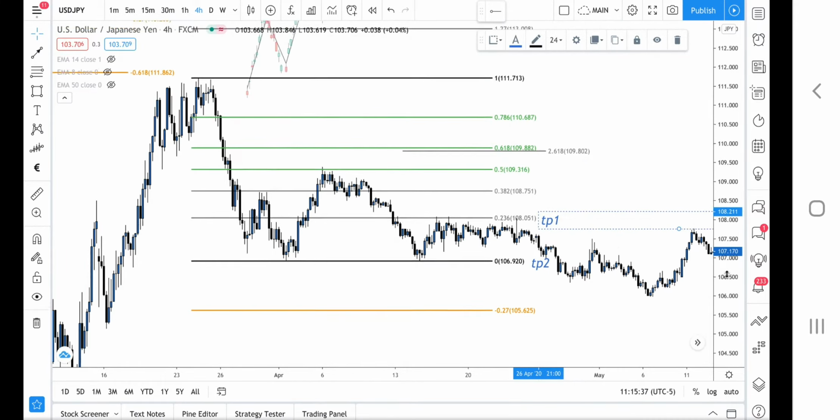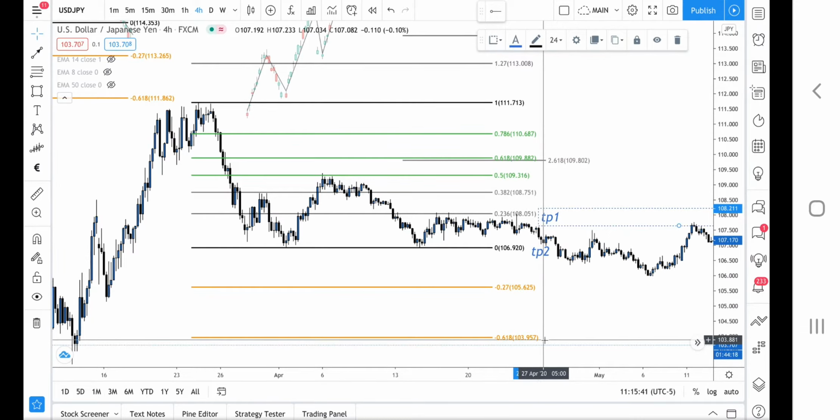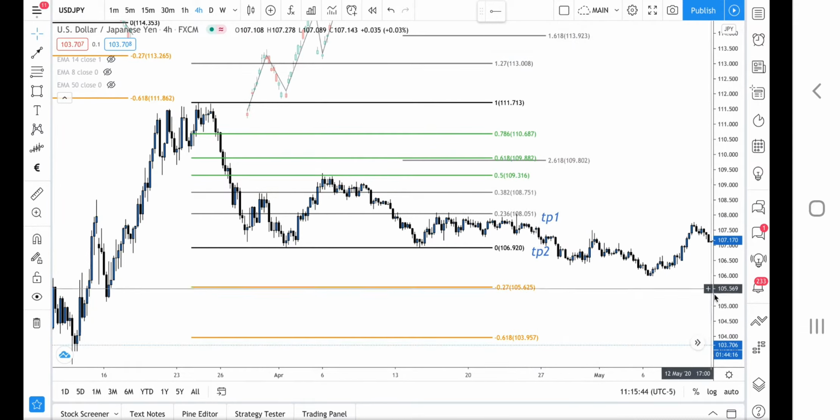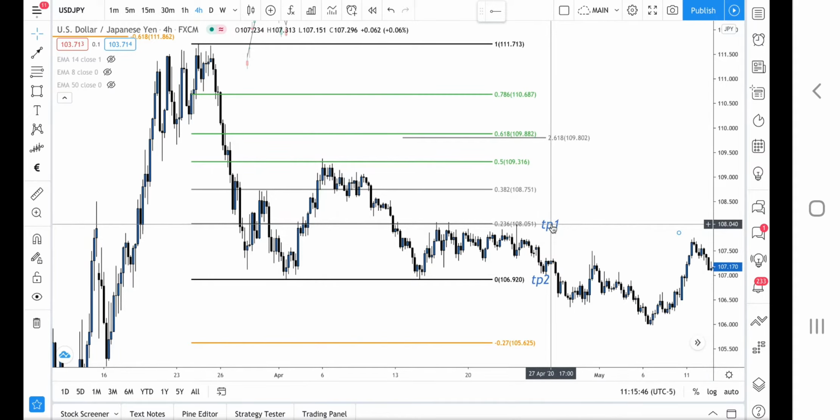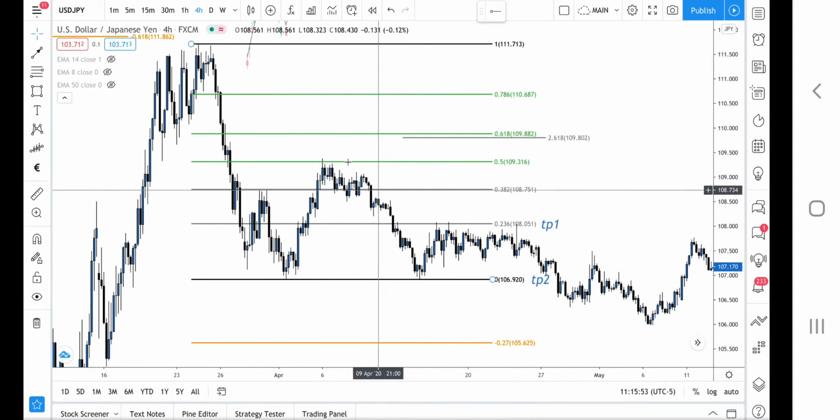And then if I push for a take profit 3 or 4, it'll be at the negative 0.27 and the negative 0.618. Okay, but the main ones I would go for are take profit 1 at the 23.6, or take profit 2 down to the 0 point line, right?